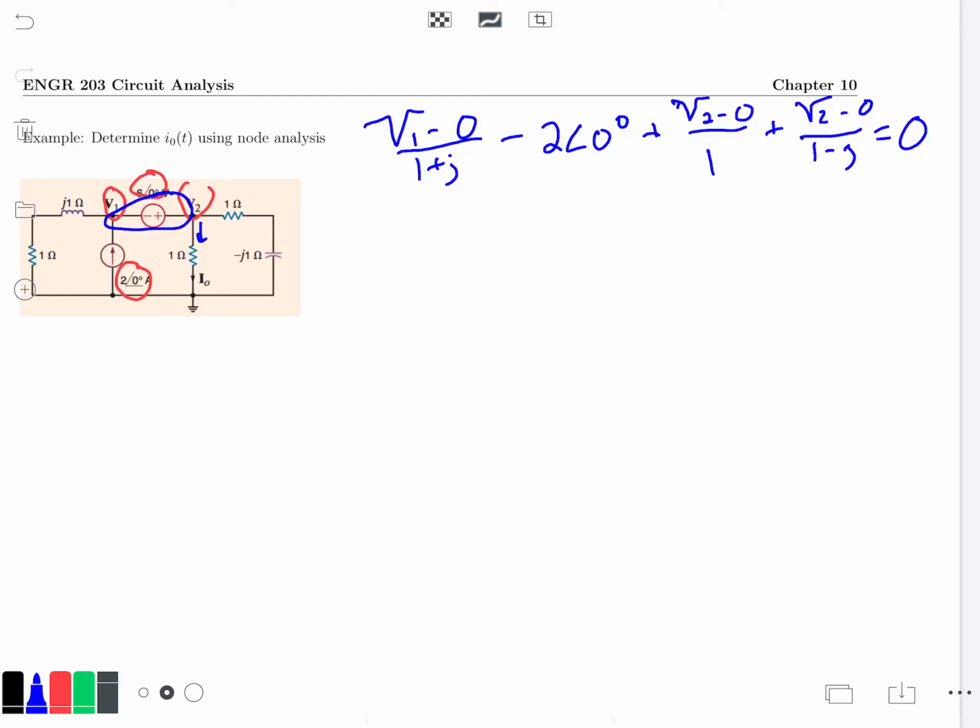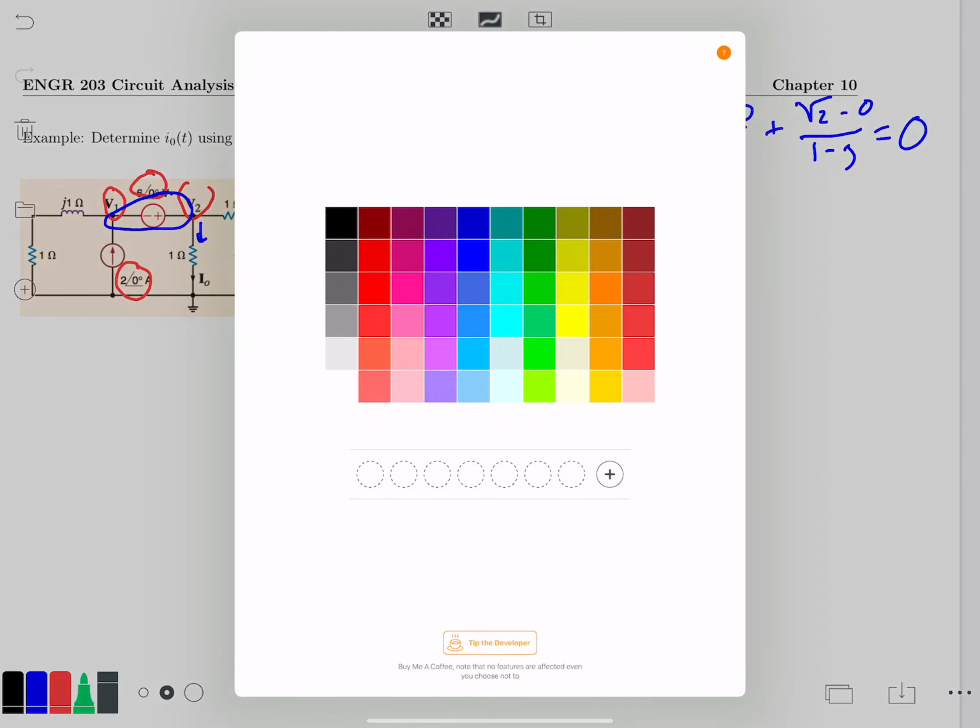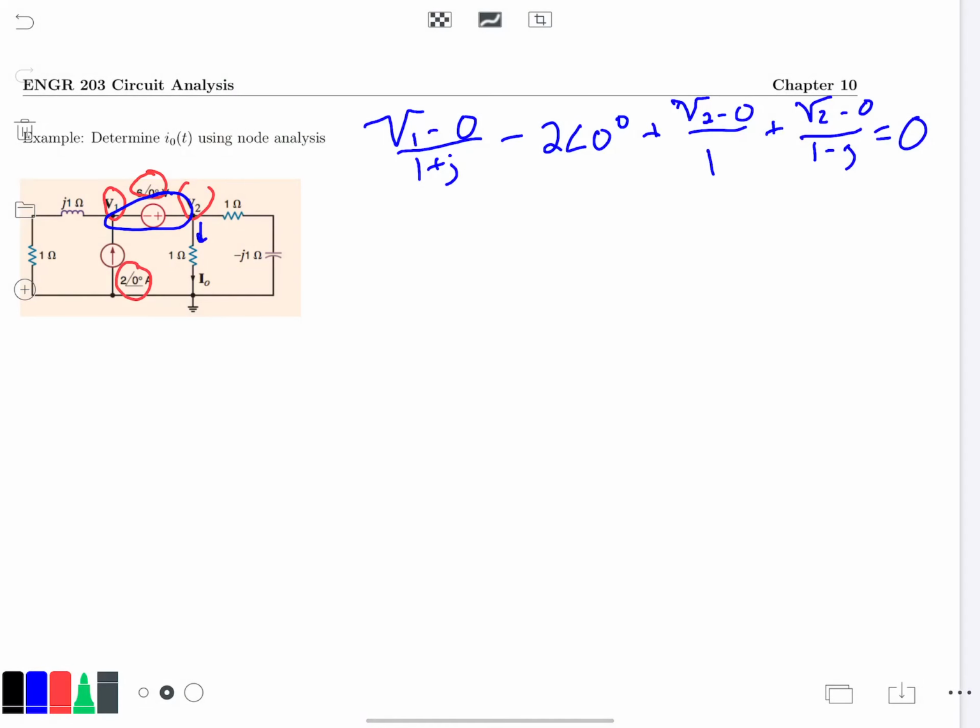We need a second one, but I will just do a little bit of simplification here first. 2 angle 0, if you do 2 cosine 0 and 2 sine 0, you're going to get just 2 there. And I will go ahead and multiply both sides by the common denominator, 1 plus j, 1 minus j. And by the way, when you multiply 1 plus j times 1 minus j, it's going to be 2.